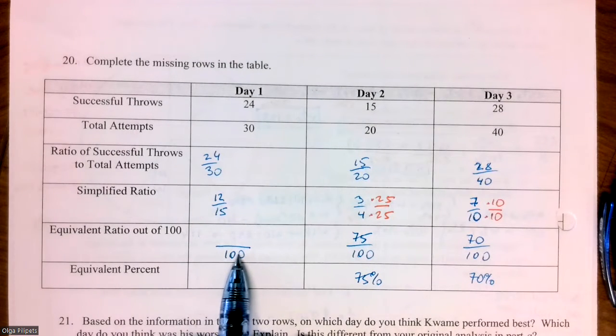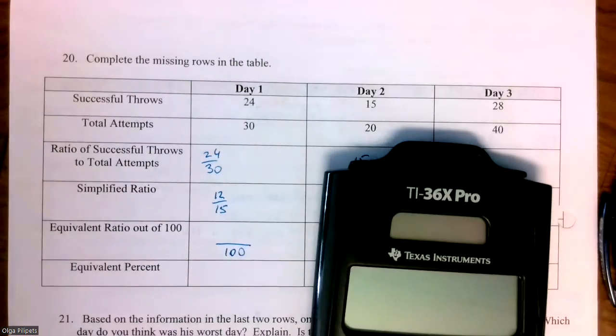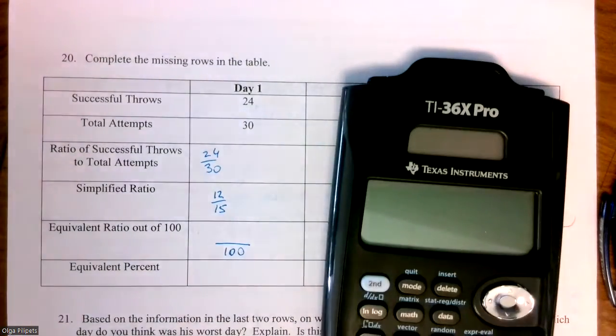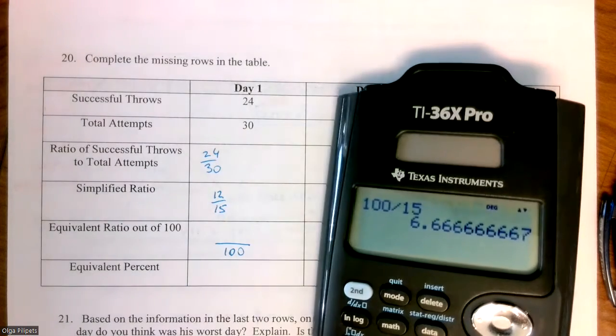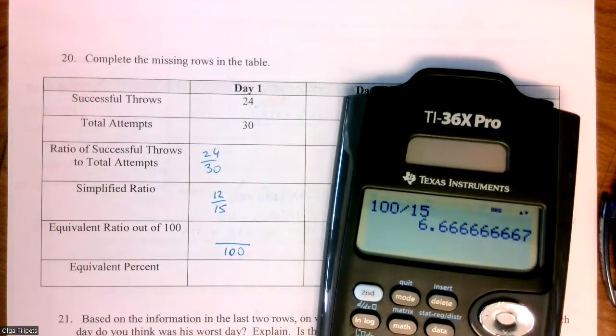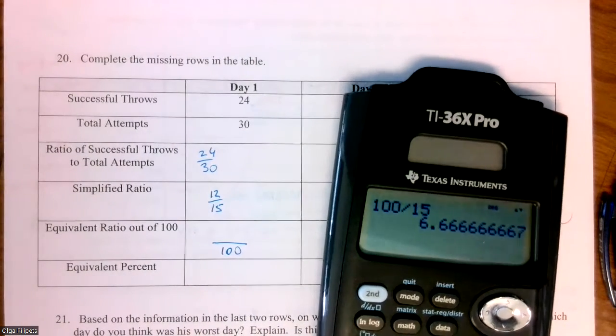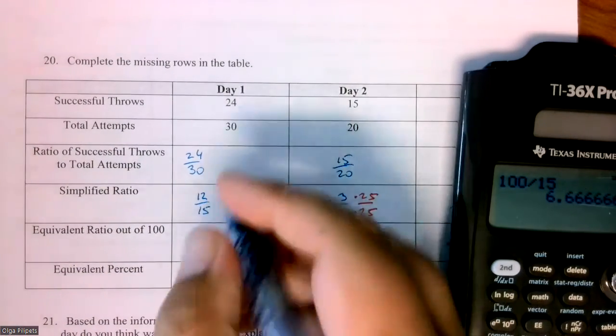Now, making a fraction with the denominator 100 here is a little tricky, because in order to make 15 out of 100, 100 divided by 15 will give me 6.666 in repetition. So I'm going to multiply by it.